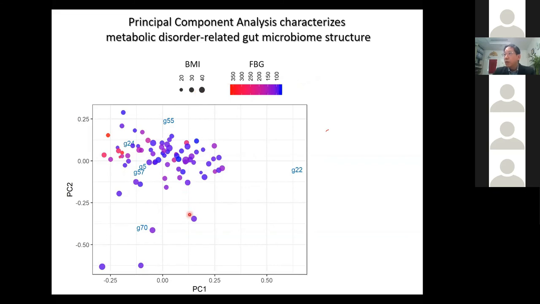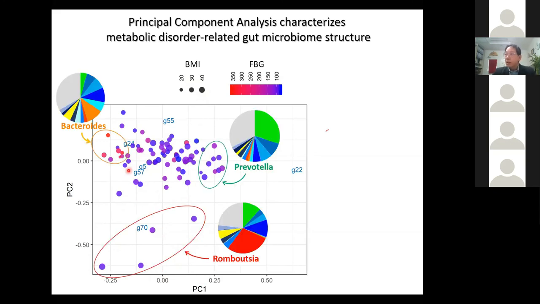And also, I made the size of the plot according to the BMI. So you can simply see these are very obese people, high BMI people. And actually the bacterial composition of these three parts is quite different.